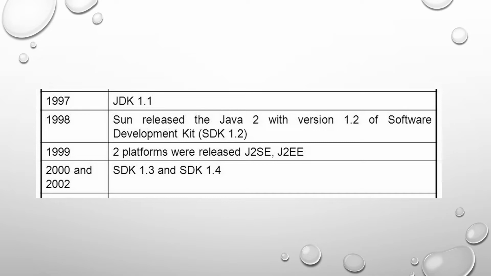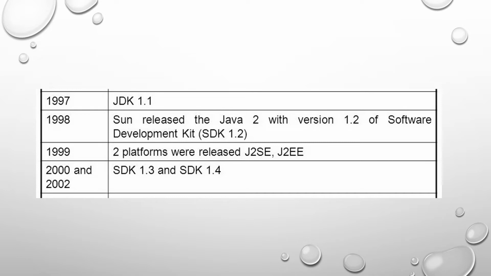In 1998, Sun Microsystems released Java 2 with version 1.2 of the software development kit, that means SDK 1.2. In 1999, two platforms were released, J2SE and J2EE, meaning J2 Standard Edition and J2 Enterprise Edition.